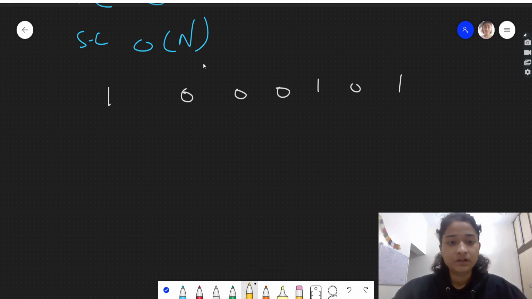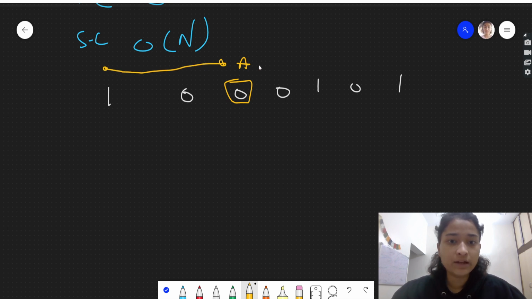See, over here we need to find out where Alex should sit so as to get the maximum distance from the persons, right? If Alex sits here, then Alex will get maximum distance from this one and also from this one. If Alex sits here, then Alex will not get maximum distance from this one. This one will be closer to Alex. So this is not the correct seat for Alex, right?